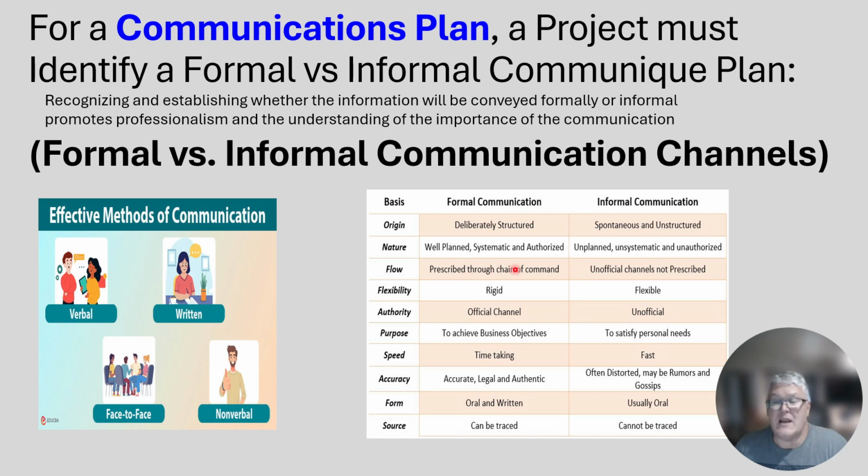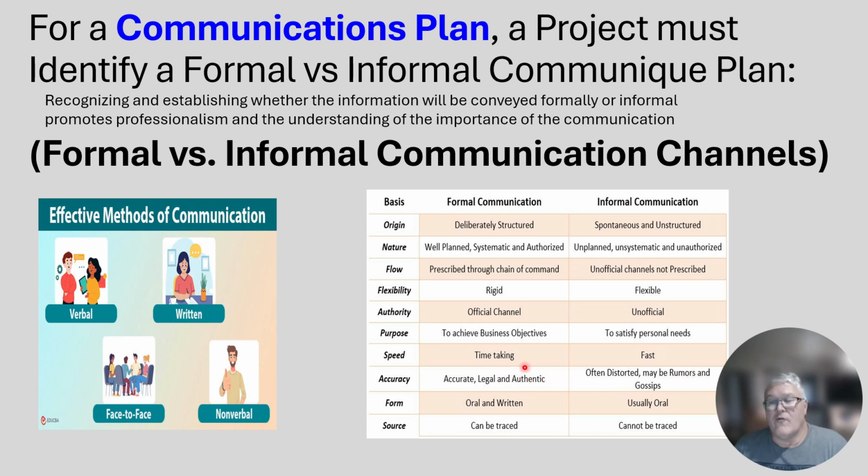Flow, prescribed through chain of command for formal information. It's unofficial with informal information. Flexibility can be rigid. Informal is flexible. Authority, official channels for formal. Unofficial for informal. Purpose, when it's formal, to achieve business objectives. Informal, for personal satisfaction, personal needs. The speed, it takes time for formal communication. For informal communication, it's often quick, fast, off the top of your head.